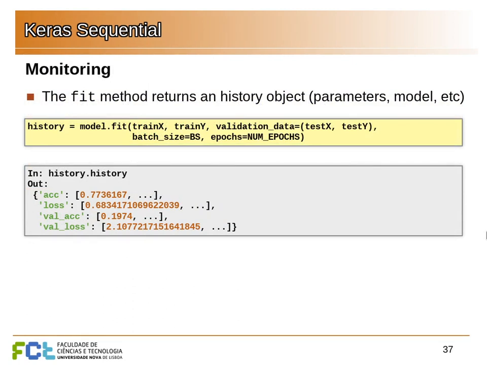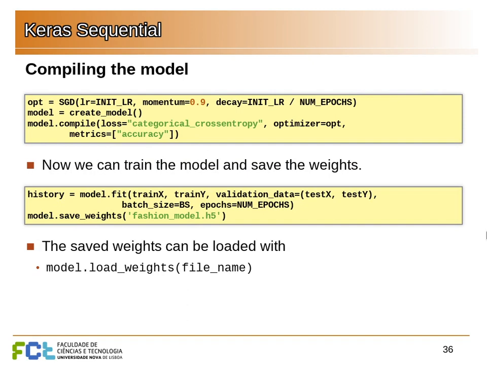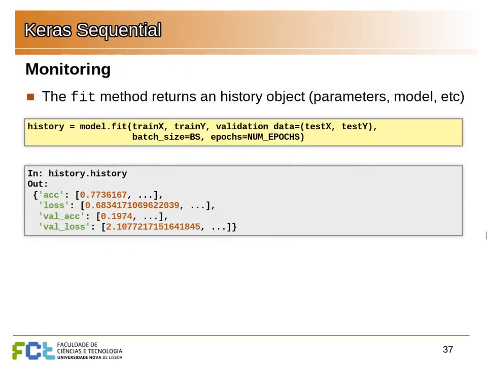The fit method, as we saw previously, gives you this object that has a history field, which has a dictionary with all the different metrics that you use. And so if you choose these metrics, for example, accuracy, and if you fit with validation data, in this case, I use the test data for validation and the training data for training, because we don't really care about the true error of our model.